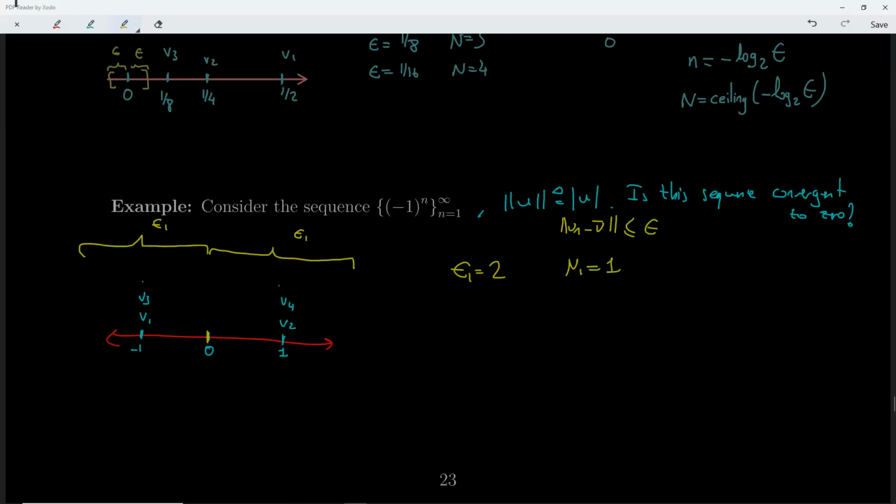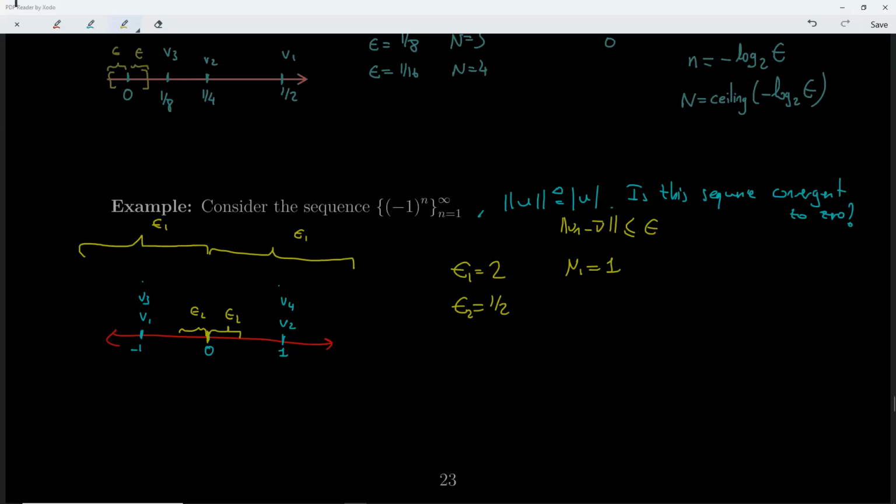But if somebody gives me an epsilon value of 1 over 2, then if this sequence was convergent, I should be able to find the capital N for which any integer n greater than that, the distance between Vn and V bar should be less than 1 over 2. So let's plot the epsilon 2 neighborhood of the limiting value over there.